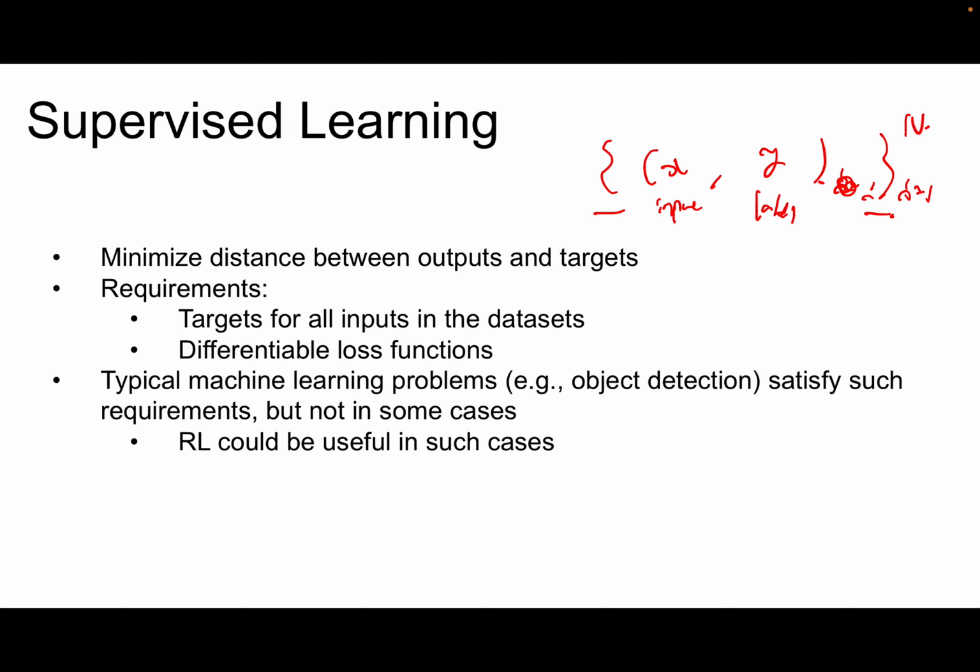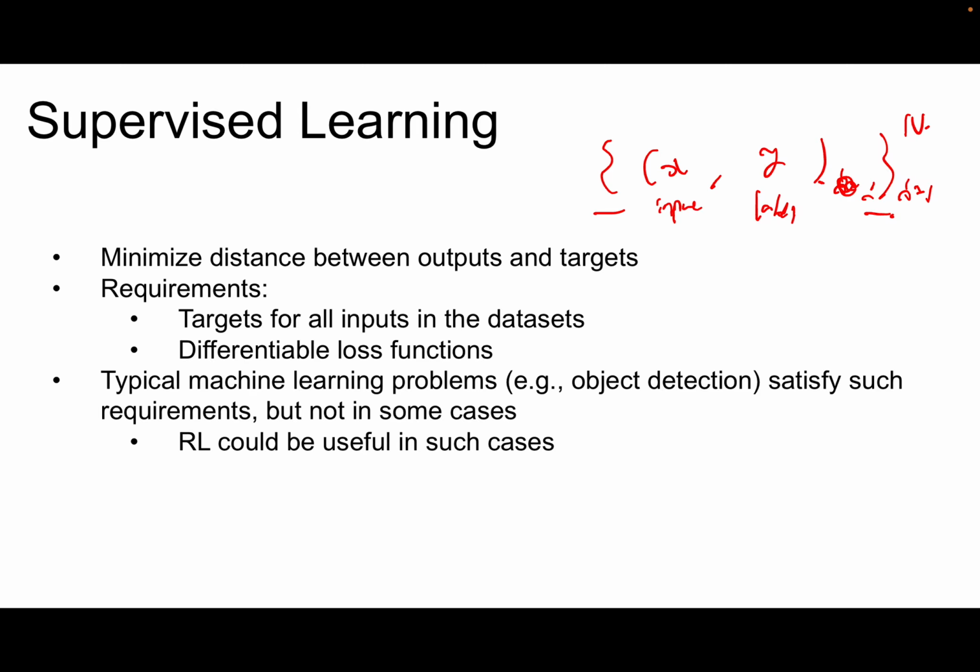The supervised learning assumption is that with such a dataset, we can train a neural network or optimize something by minimizing the distance between the output of some system and the targets.